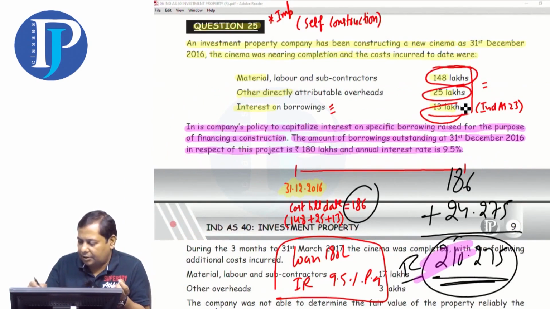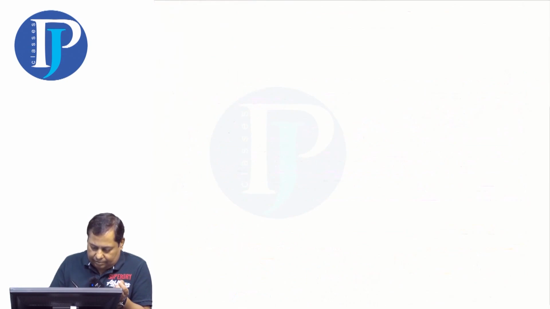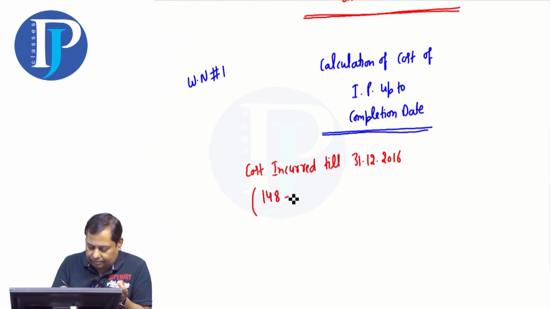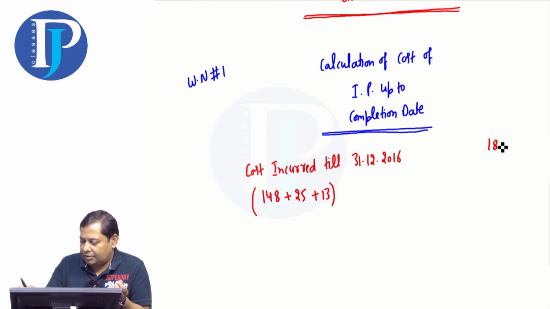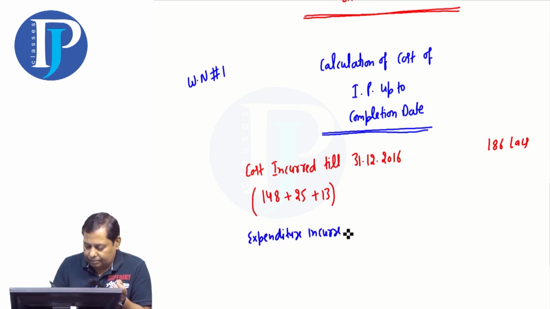148, 25 and 13. Your total will be 186 lakhs. Expenditure incurred from 1/1/17 till March 17th.